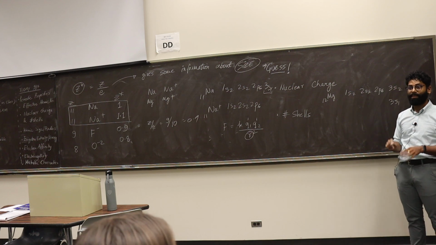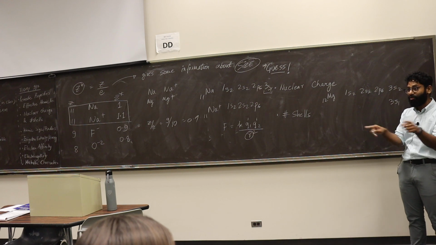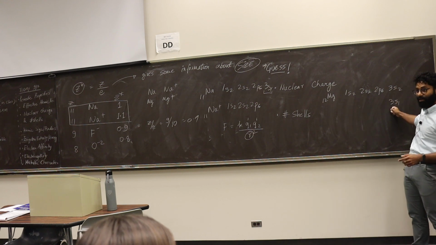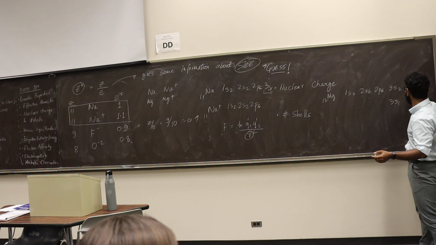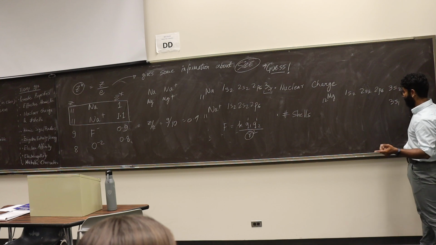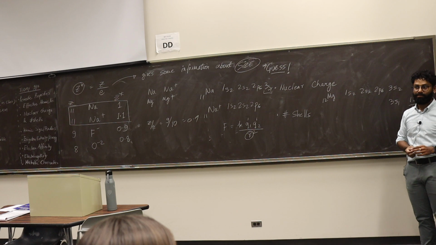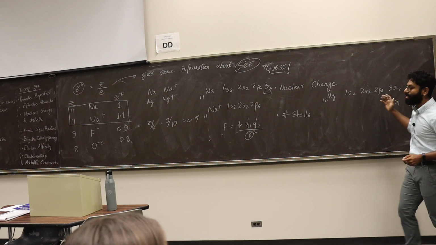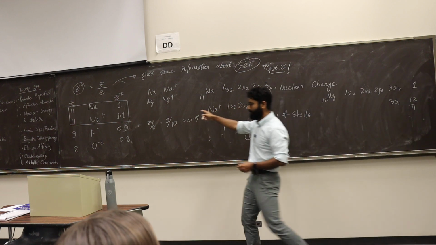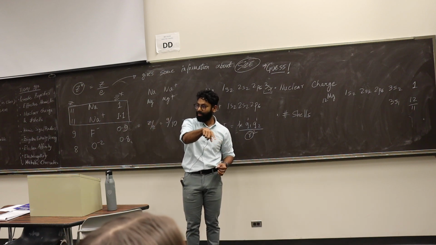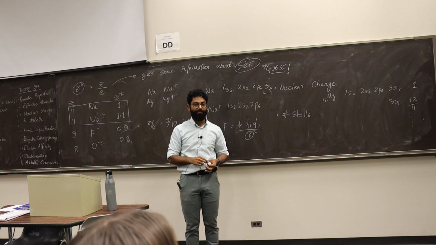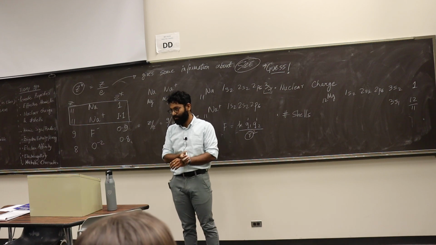You lost an electron, and that means the electron repulsion that was happening here is now decreased, and that's why it becomes a little closer. So Z star for Mg is 1, and for Mg plus it is 12 by 11, which is more than 1. So Z star of Mg plus is more than the Z star of Mg, and therefore its size is less.